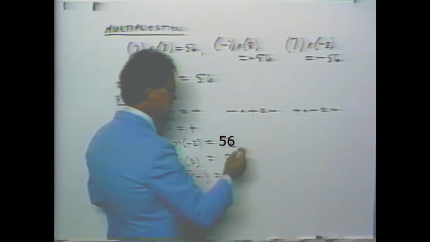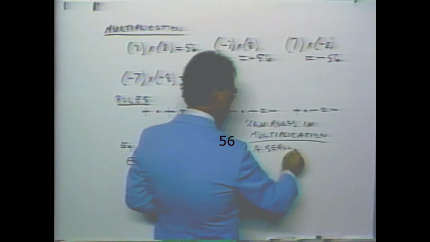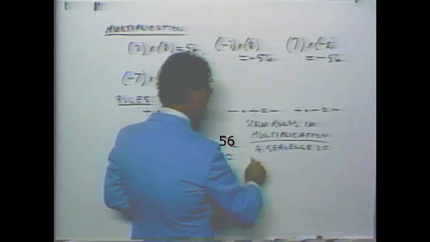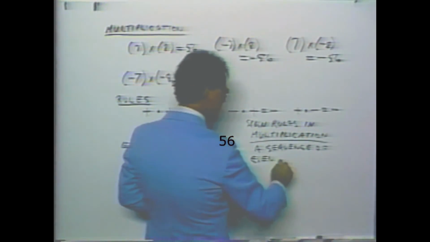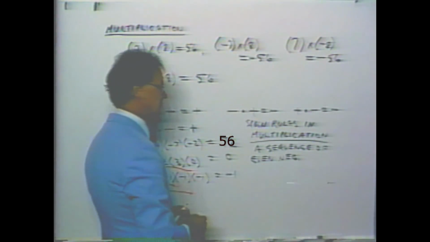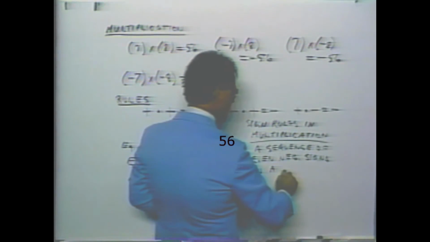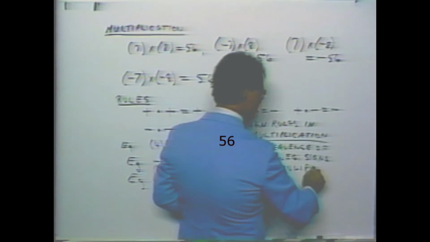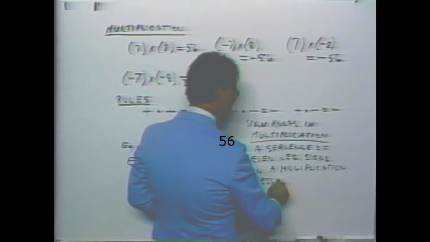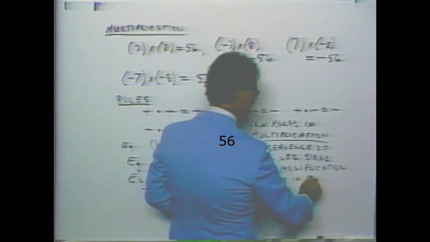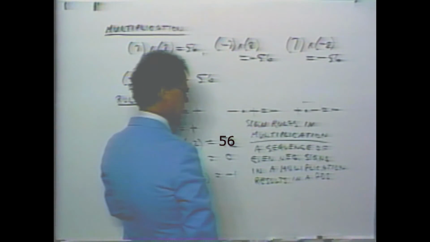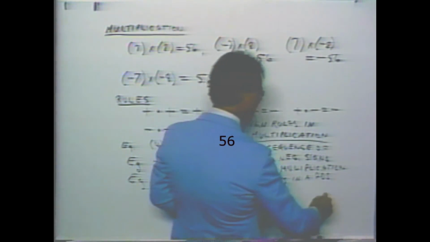So let's write that down. A sequence of even negative signs, I'll use NEG for short, for negative, in a multiplication results in a positive, I'll use POS period for that abbreviation, in a positive sign.